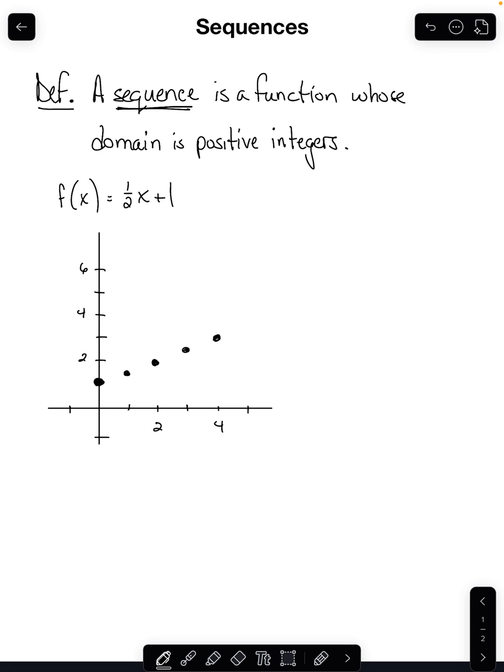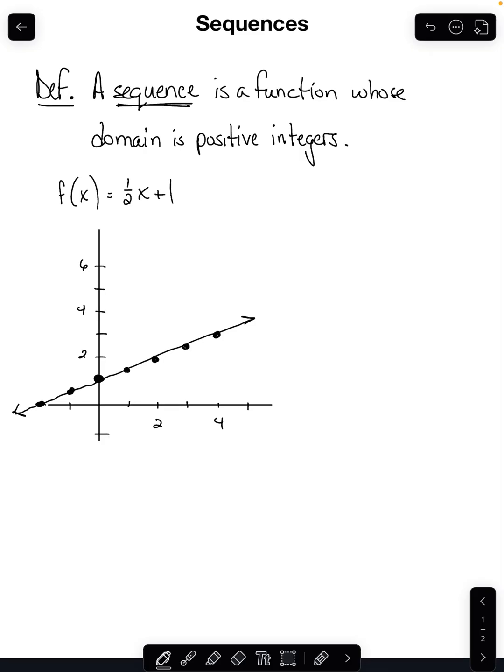And so on. The continuous function would then continue in both directions, so that ultimately we would connect these with a line. This would be the continuous function f of x is equal to 1/2 x plus 1.